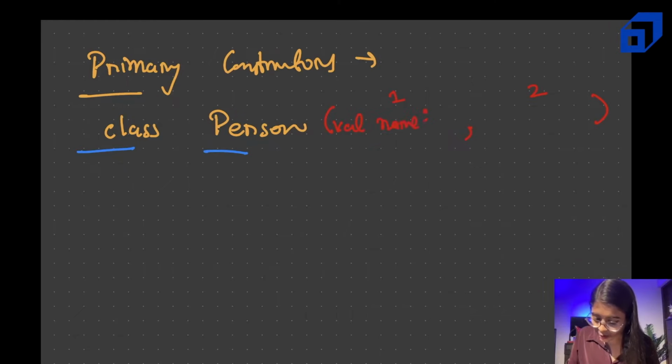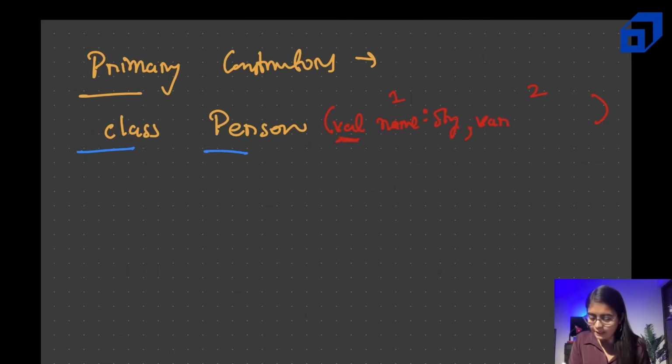Let's say I want to create a readable parameter name of type String, and the other parameter maybe age, and I want this to be mutable. Like I used val here so that the name cannot be changed. If we have the name of the user in a database, it shouldn't be mutable.